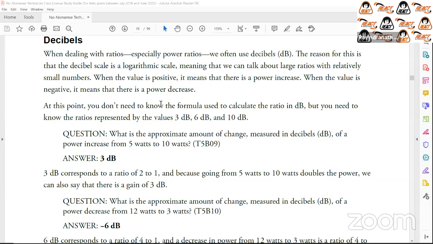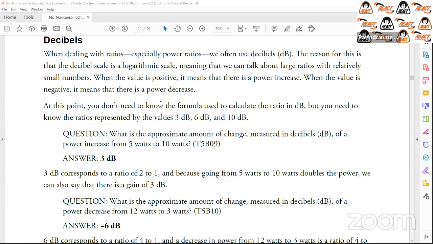So you need to know a couple of things for the purpose of the exam. The first thing is that the decibel scale is such that when the number is positive, it means that you are increasing the power, right?